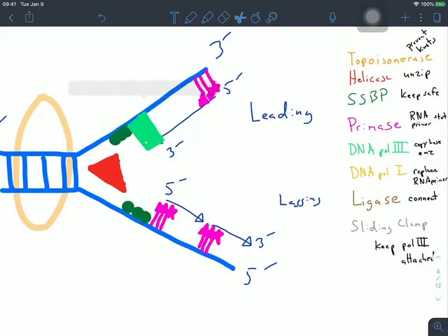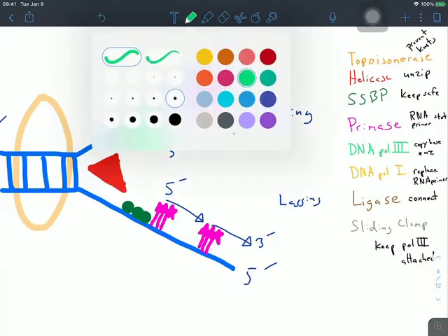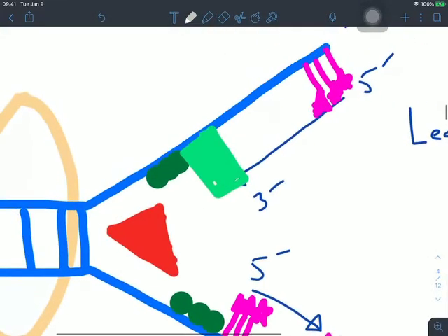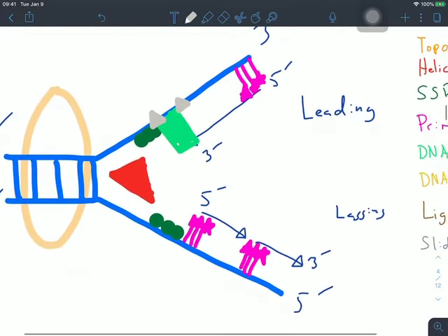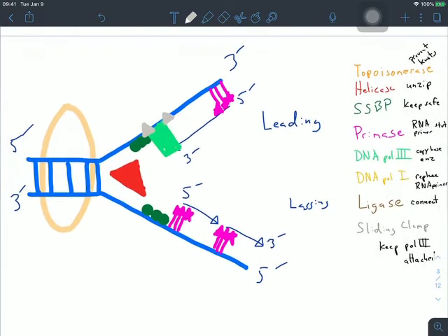And behind it, it'll have all those bases added, and in front of it, it will have the single-stranded binding proteins. Now, to make sure that the polymerase does not slide off, you have the sliding clamp placed on the DNA strand where the DNA polymerase is. So they're always working together. Your sliding clamp is always associated with your DNA polymerase.